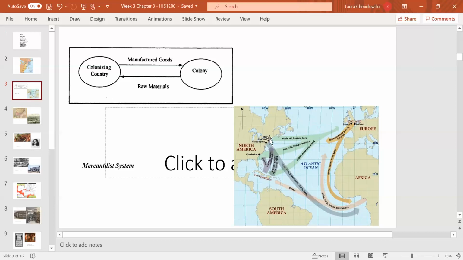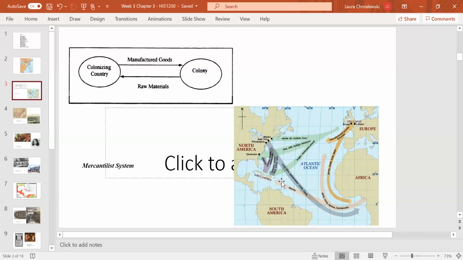There's some trade from North America to the Caribbean. And then, of course, what is in our human story the most important piece of this trade network, the movement of enslaved people. And we're going to talk about how slavery evolves in just a few minutes.